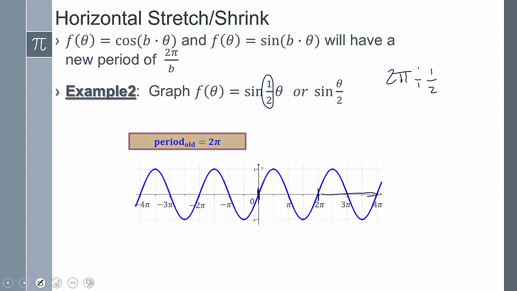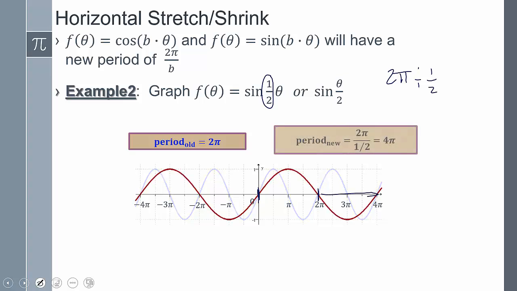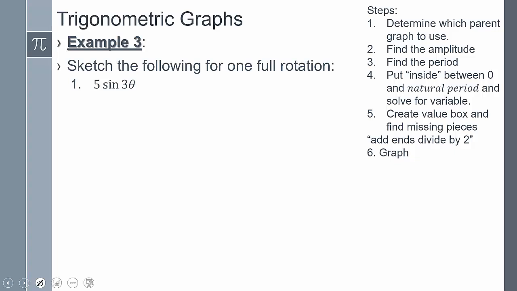This got stretched because of that period. It's like I took the function and stretched it to that 4 pi. So that is the visualization of our horizontal stretching or shrinking. Now, how does this work out for us? What do I need to do to be able to adjust or fix this?